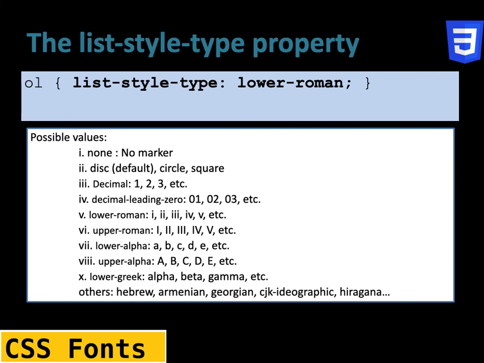Some other values are Hebrew, Armenian, Georgian, CJK ideographic, Hiragana. These are some of the other possible list style type values. In the example, ol list-style-type colon lower Roman is specified. So small letter i. The same way lower Roman will appear.